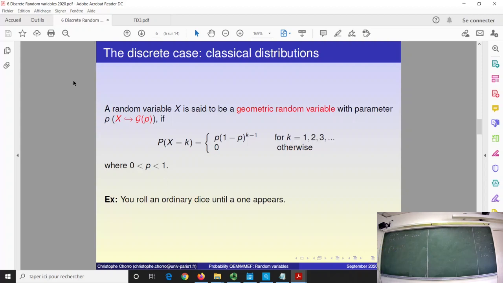I have to prove two things: whether this sum is finite or not, and if it is finite, how to compute it. Here I am again in the situation where the number of possible values is infinite, so I have an infinite sum. I am not sure a priori that this sum is finite, so I have to work a little.